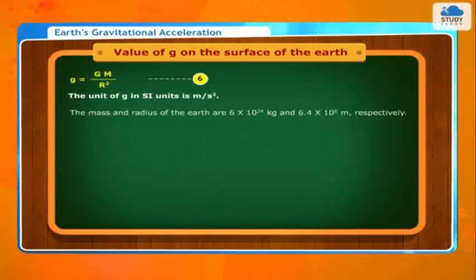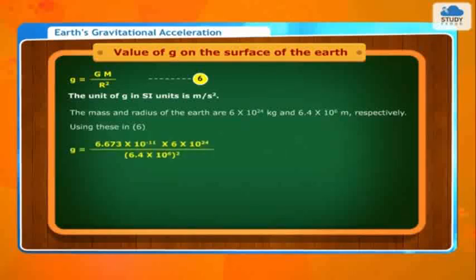The mass and radius of the earth are 6 × 10^24 kg and 6.4 × 10^6 meters respectively. Using these, g = (6.673 × 10^-11 × 6 × 10^24)/(6.4 × 10^6)² = 9.77 meter per second squared. Equation 7.